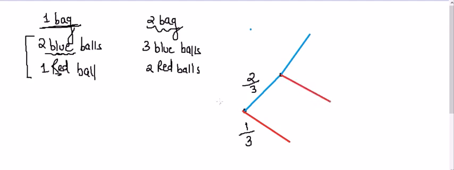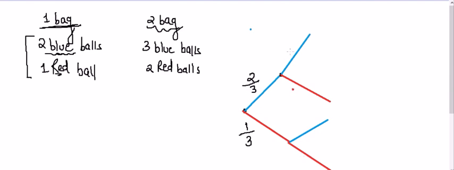And if I have selected the red one, now from the second bag I can again select either a blue ball or a red ball. Again, if from the first bag I have selected a blue ball, I have two options: I can select blue or red. If I selected a red ball, again I will have two options: either blue or red.